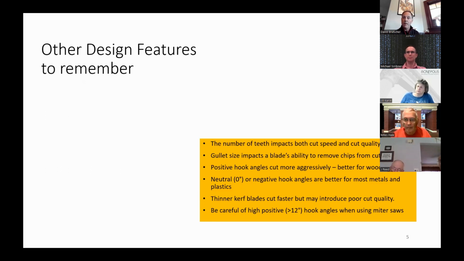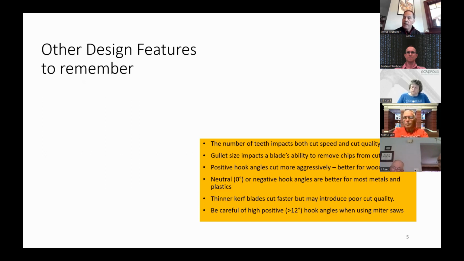But blades meant for 10 or 12-inch miter saws can be thinner kerf, because they have less power. A table saw is generally going to be 3 horsepower or 5 horsepower if it's a stationary saw, versus 1.5 to 2.5 for a miter saw. So just keep that in mind when you're using a thinner kerf blade.